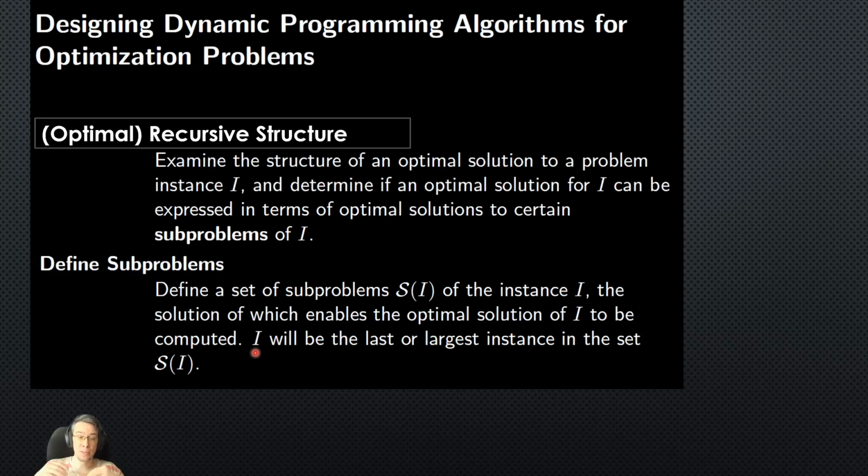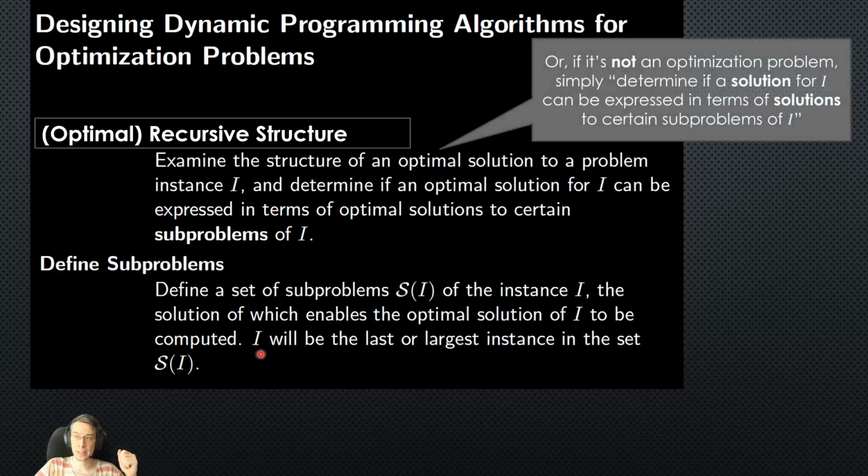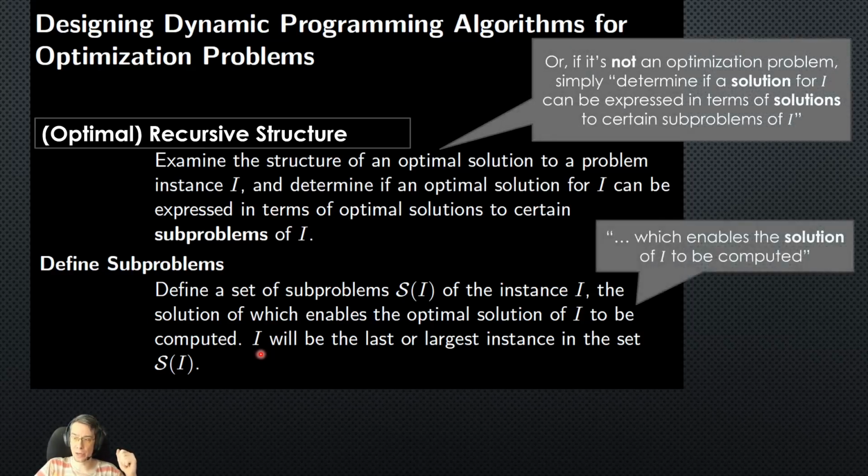So you're defining small subproblems that can be assembled into larger subproblems and larger subproblems until you end up with a solution to the final problem I, the full problem instance that you want to solve. Okay. And these are just things for your notes. Basically, how would I change these two definitions or these two descriptions for problems that aren't optimization problems?